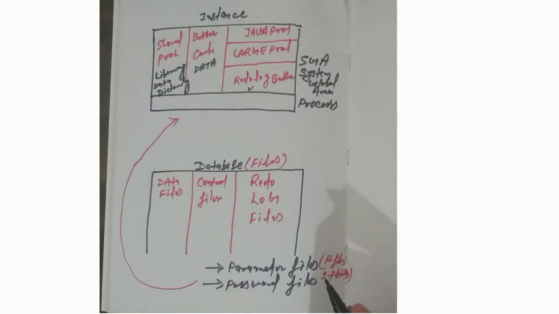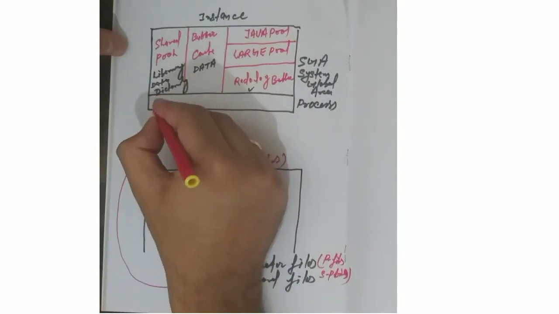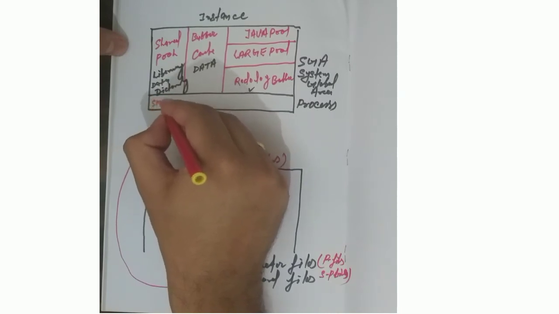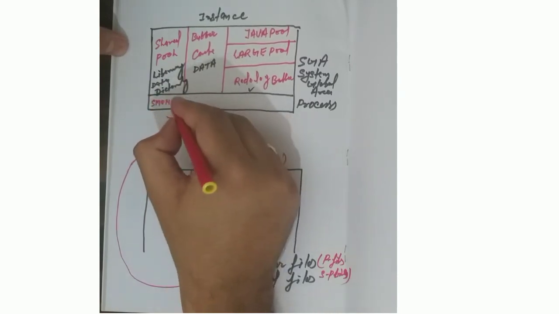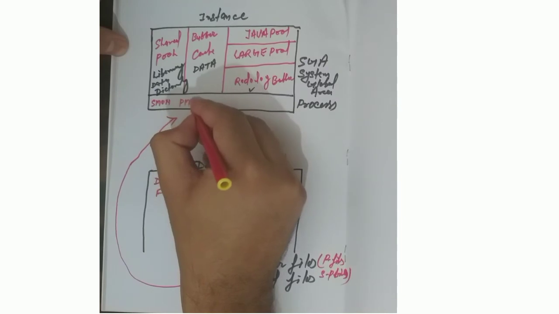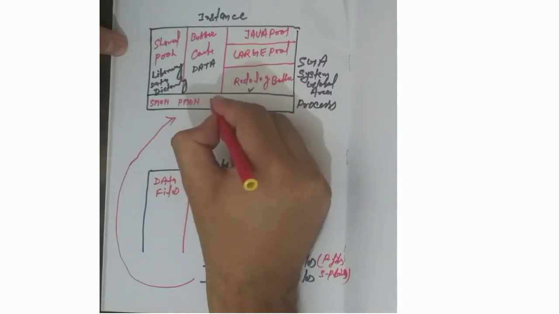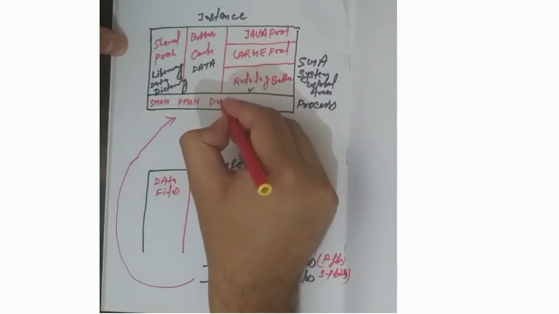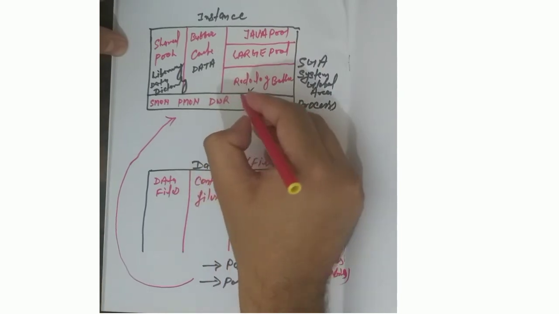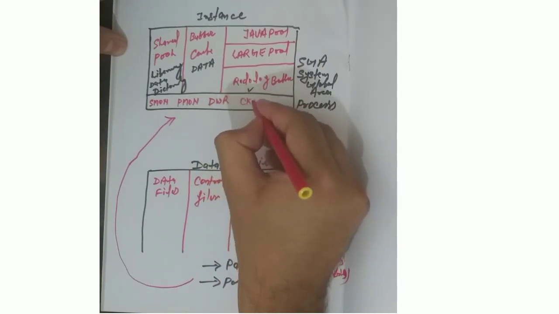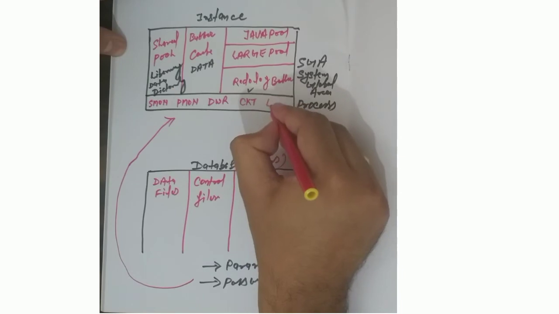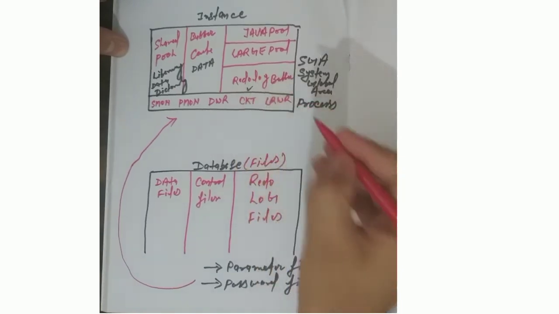Now we are going to describe the set of processes. We'll see each process one by one. We have SMON, PMON, DBWriter, Checkpoint, and LogWriter.